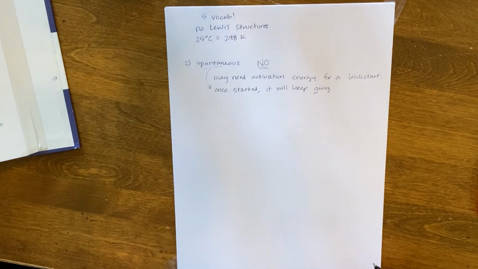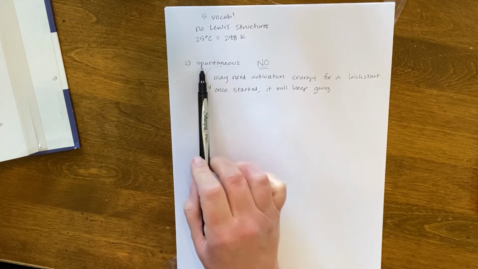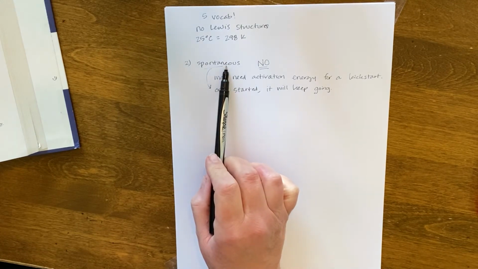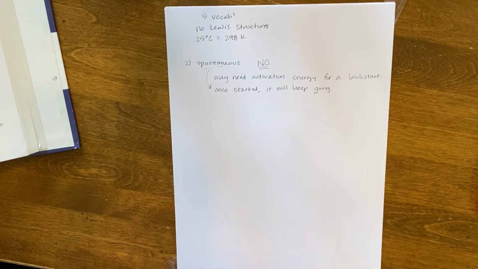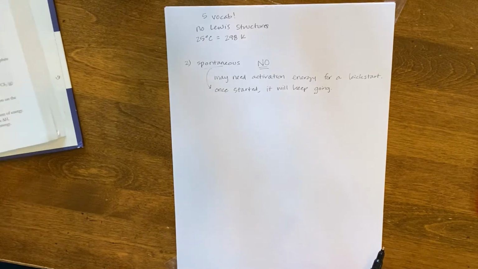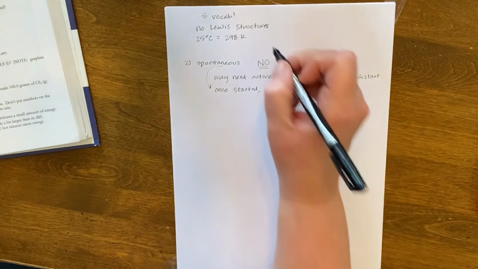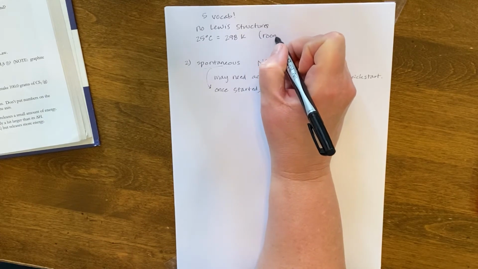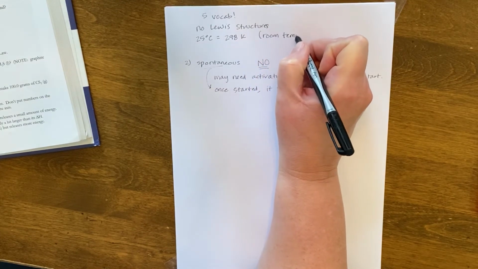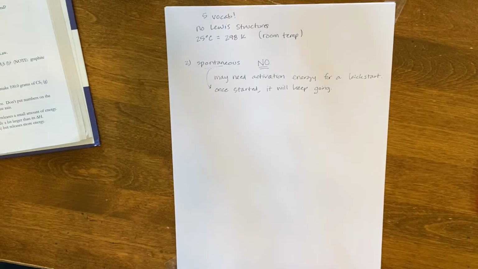Actually, a piece of paper burning is considered a spontaneous reaction, because once I start it burning, it will keep burning. But it doesn't automatically happen. This paper isn't bursting into flames at 25 degrees Celsius, which is average room temperature. So the answer to number 2 is no. Just because it's spontaneous doesn't mean it will automatically happen.